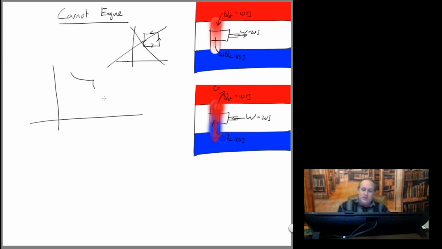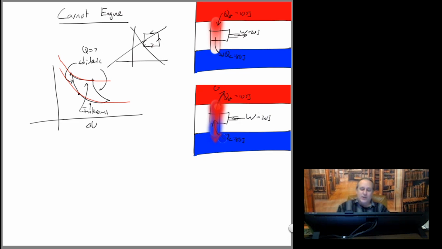His machine looks something like this, where we have isothermal lines on the top and bottom. And then adiabatic lines on the sides. Those are the ones where Q equals 0.